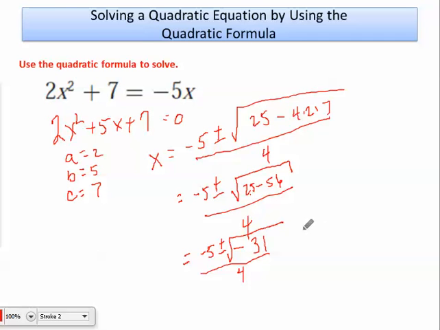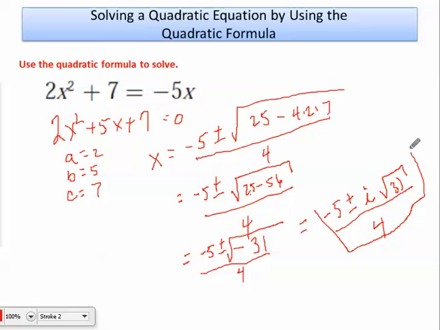Well, negative 31, not going to be able to get anything out of that. So I'm going to get negative 5 plus or minus i times the square root of 31 divided by 4. That would be my two complex solutions to this problem. And I'm sorry about writing at an angle. You can tell I'm dyslexic and angles work for me.